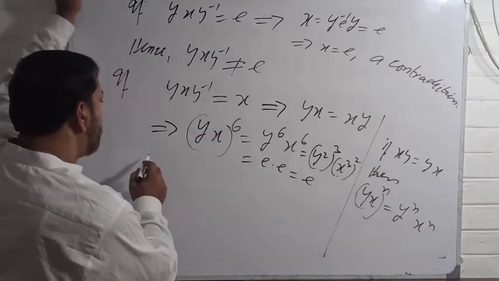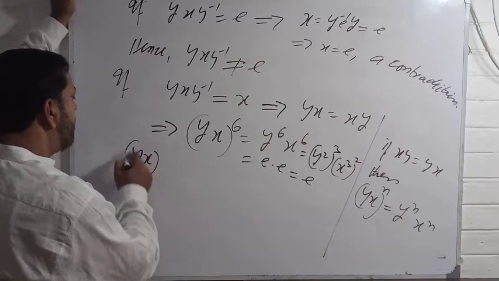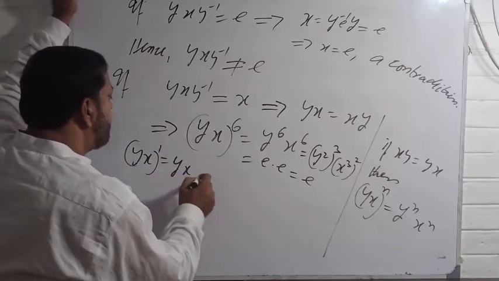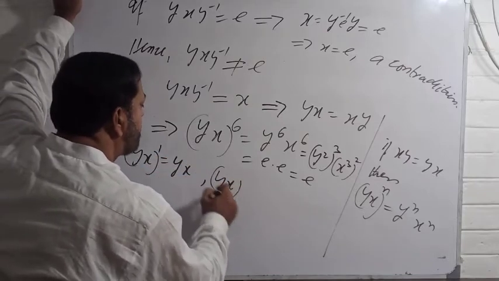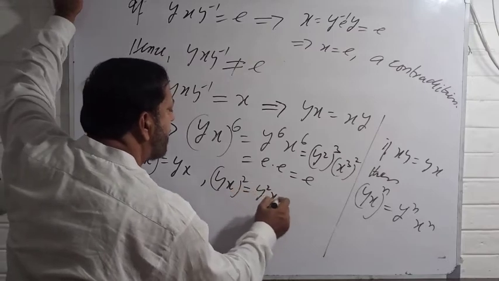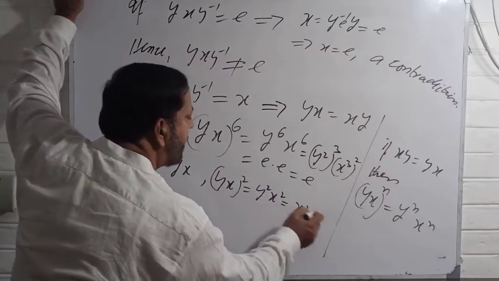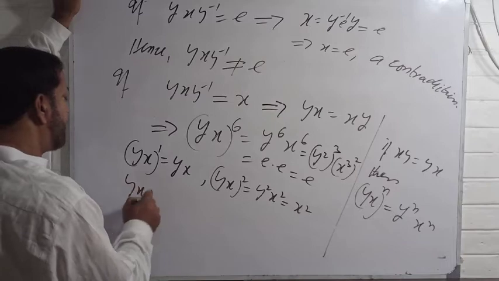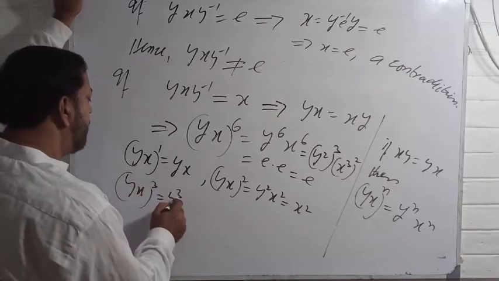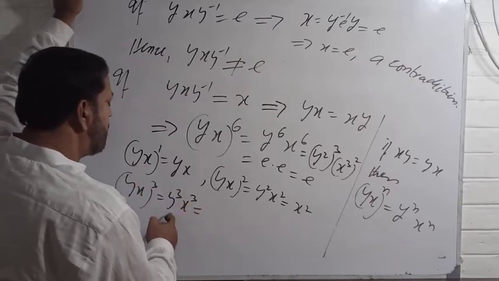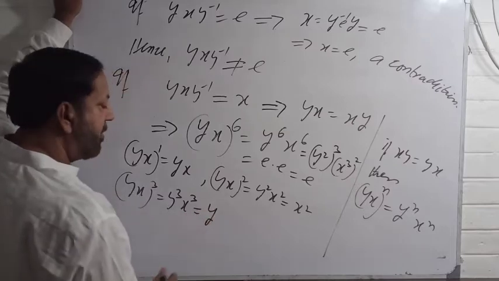So you see (yx) power 1 is equal to yx, (yx) power 2 is y square x square, which is equal to x square, and (yx) power 3 is y cube x cube, which is equal to y, right?